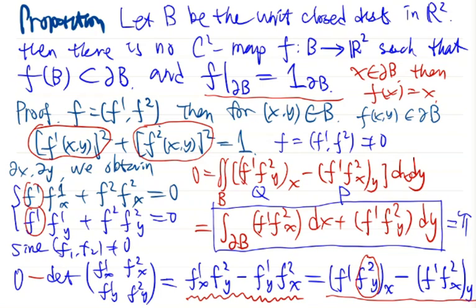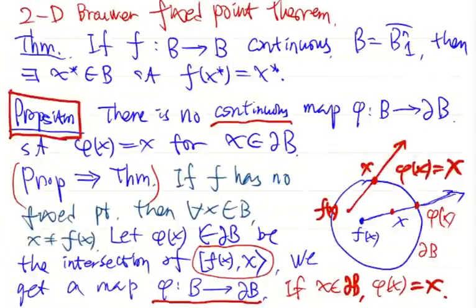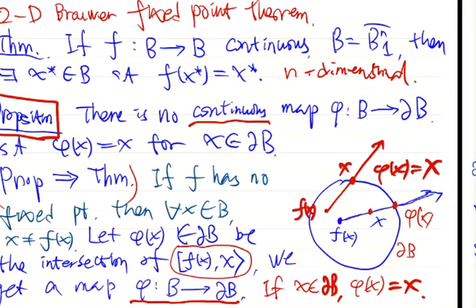Therefore we have the two-dimensional Brouwer fixed point theorem, and of course we also introduced the n-dimensional Brouwer fixed point theorem. But we could not prove the n-dimensional theorem here. Maybe we'll prove this later in the future, maybe I have no plan.